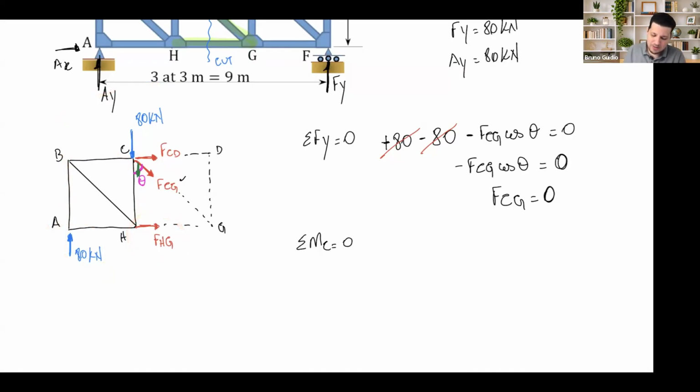FHG, yes, times 3, positive. So I have negative 80 times 3 plus FHG times 3 equal to 0. FHG equal to 80 kilonewtons. It's positive, so it's going to be in tension.